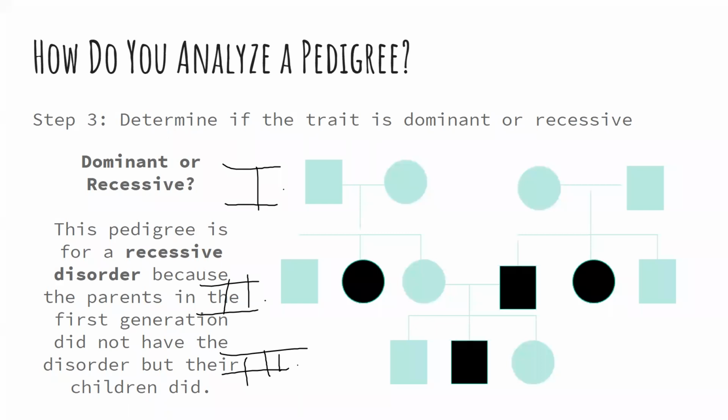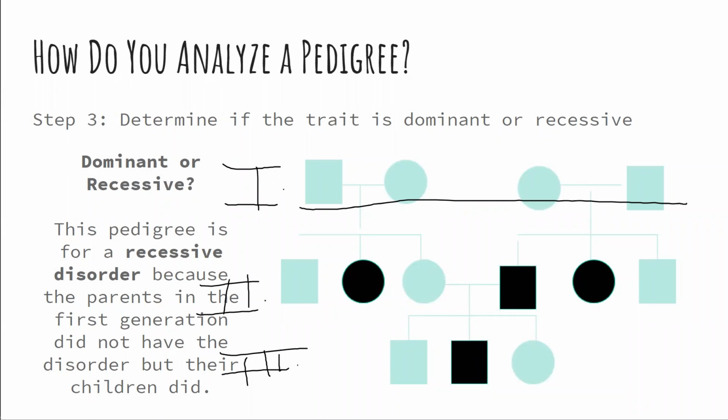That's right. It's a recessive disorder because the parents in the first generation got skipped. The parents in the first generation did not have it. But if offspring in the next generation have it, what can you determine? That maybe these parents were heterozygous for the trait, and somehow they passed on that recessive allele to one of their daughters.